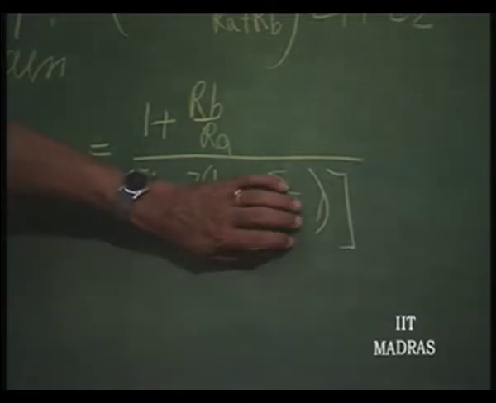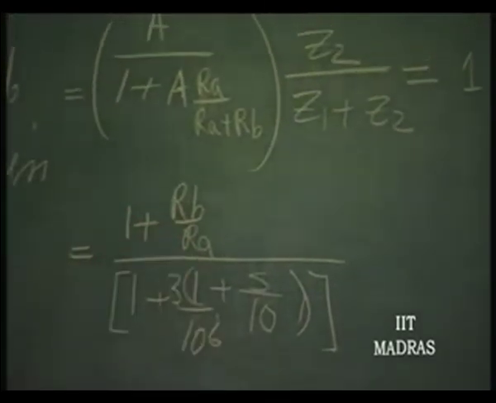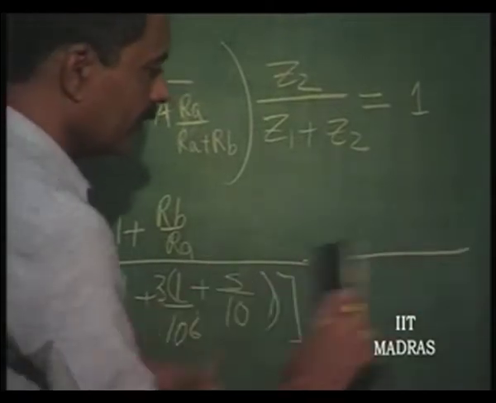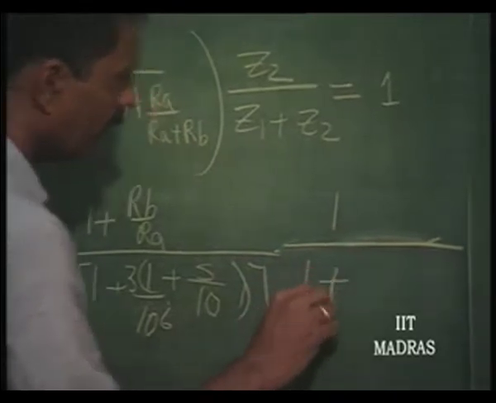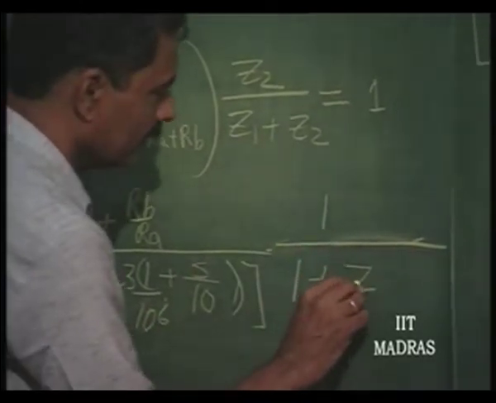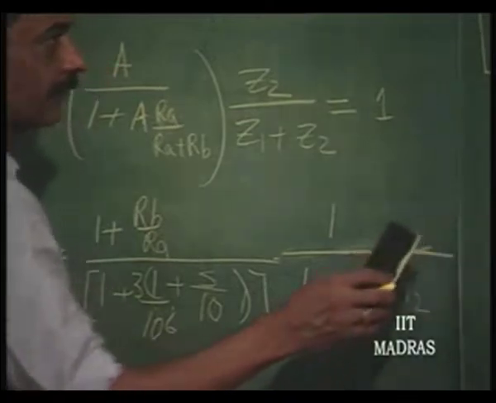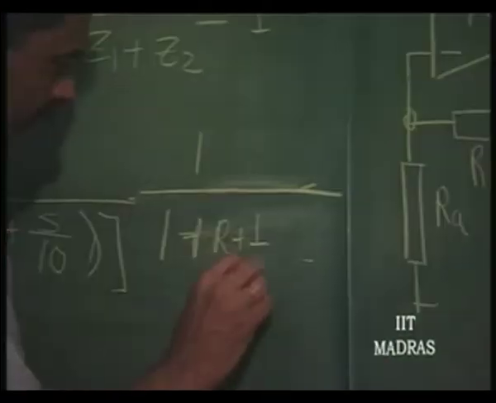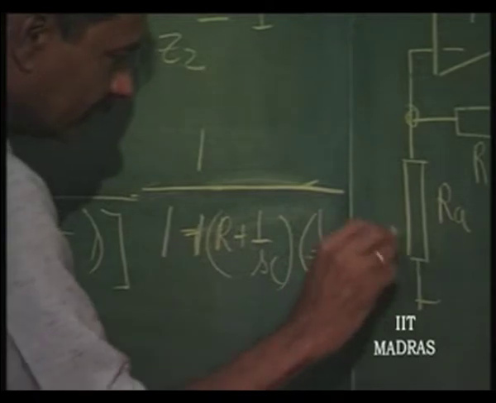Earlier this was 0, because A was infinity, only it was 1 plus RB by RA. Now, this additional factor comes into picture, and as is usual with the other factor, it is 1 by 1 plus Z1 times Y2, which can be rewritten as Z1 is R plus 1 over sC, and this is 1 over R plus sC.